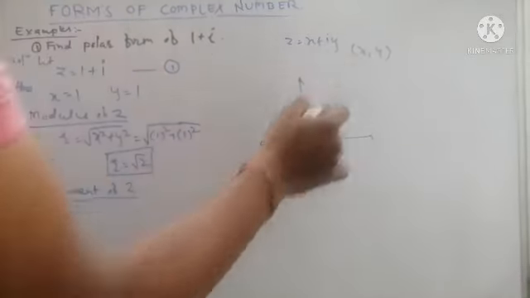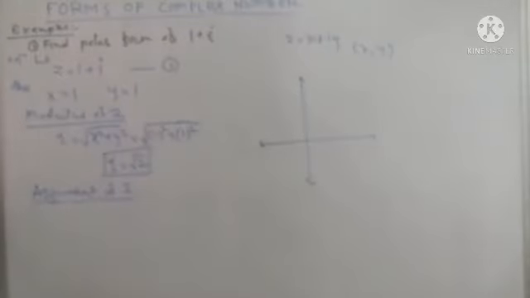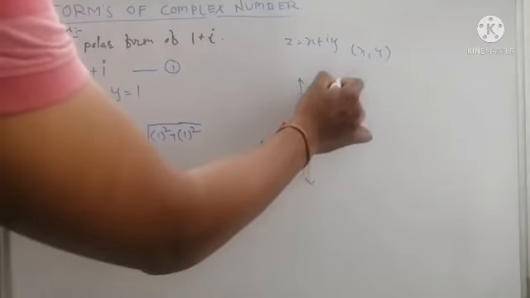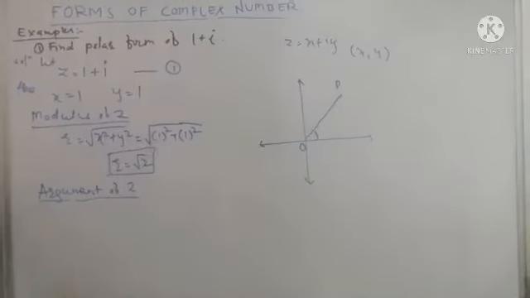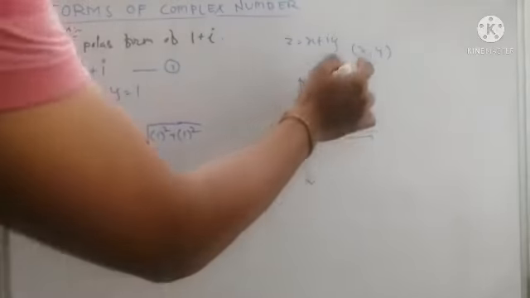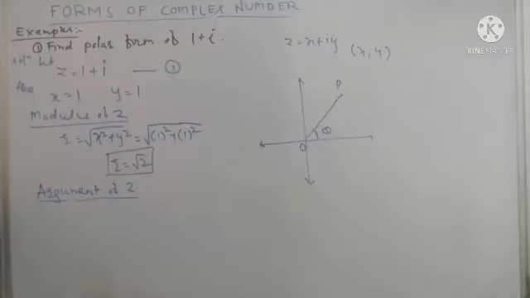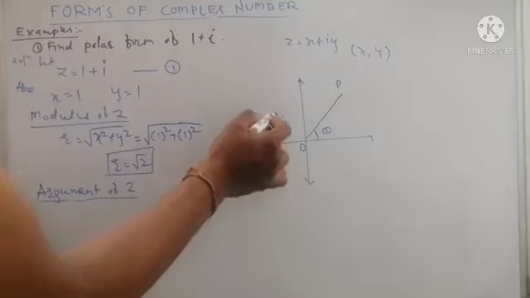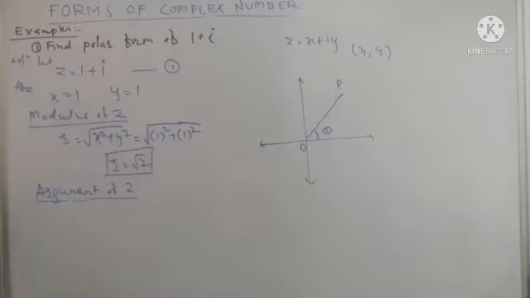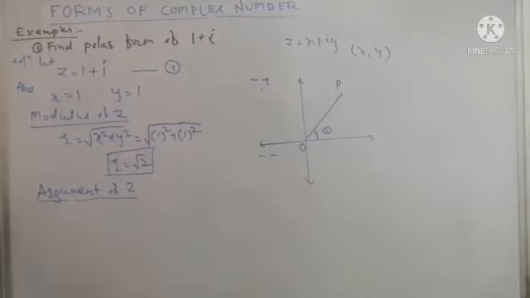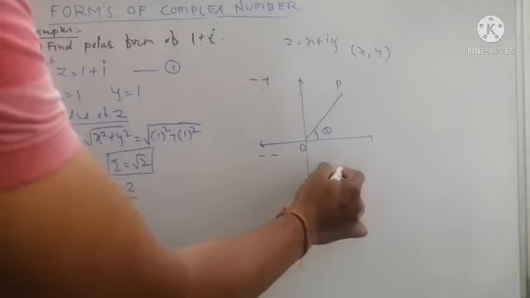If x and y both are positive, then the point will be in the first quadrant, and the angle theta at origin by this point is an angle which lies in the first quadrant, as it is less than 90 degrees. If the point has x coordinate negative and y coordinate positive, then it will lie in the second quadrant. If both x and y are negative, then it lies in the third quadrant. If x is positive and y negative, then it lies in the fourth quadrant.